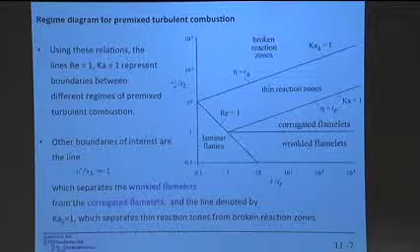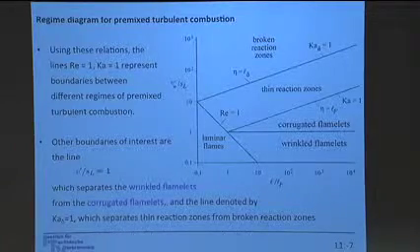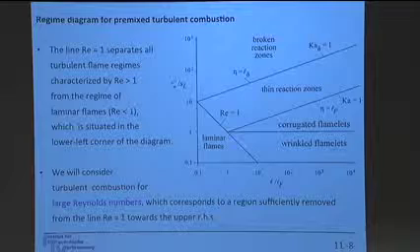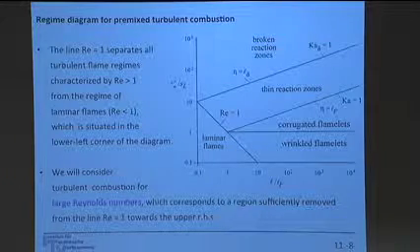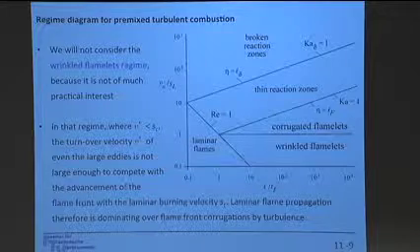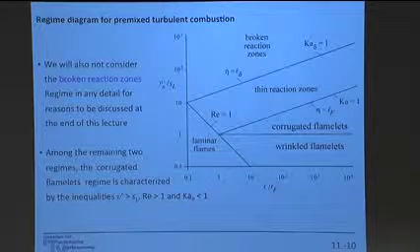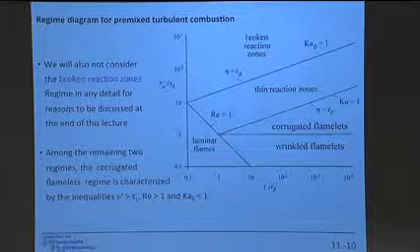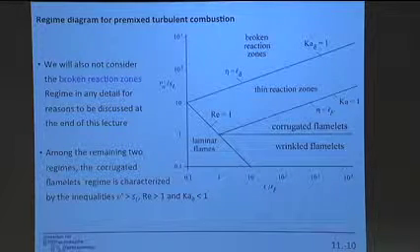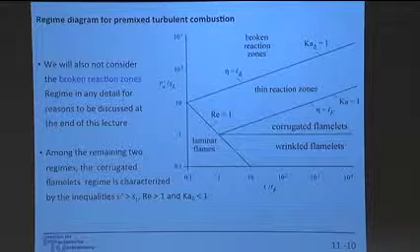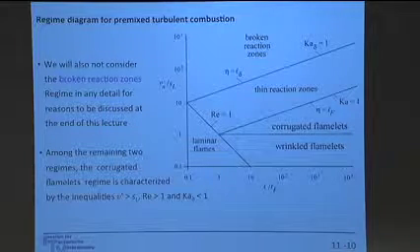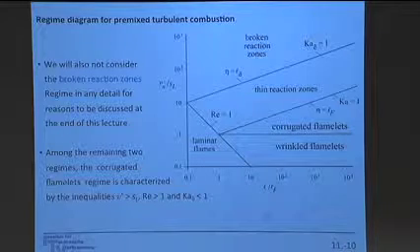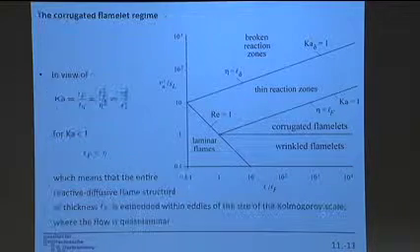So this is in a nutshell what the physics in these regimes are. And that's all described here. On the left is the Reynolds number, wrinkled regime, broken reaction zones. What's said here also is that we won't talk much about the broken reaction zones regime. We won't talk much about the wrinkled flamelet regime, except for what I just said.